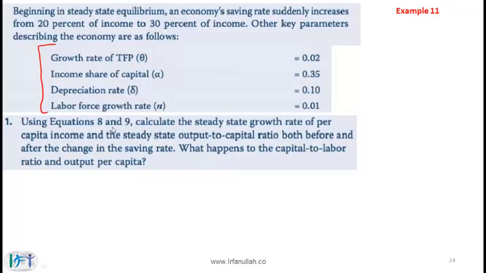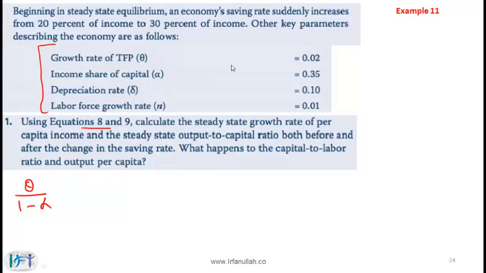Using equations 8 and 9, and these are the equations we have seen earlier, calculate the steady state growth rate of per capita income and the steady state output to capital ratio both before and after the change in saving rate. Equation 8 actually deals with the growth rate of per capita income, and this is the theta divided by 1 minus alpha relationship that we spoke about.